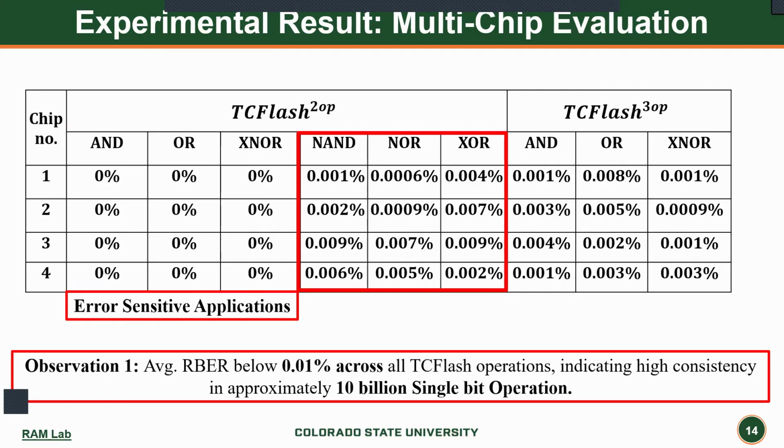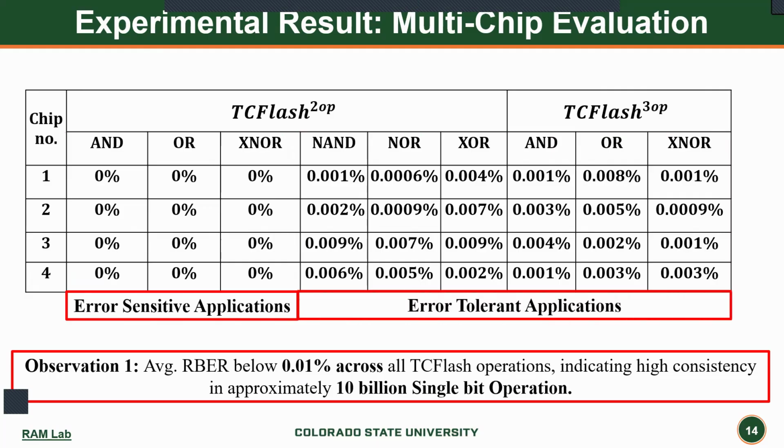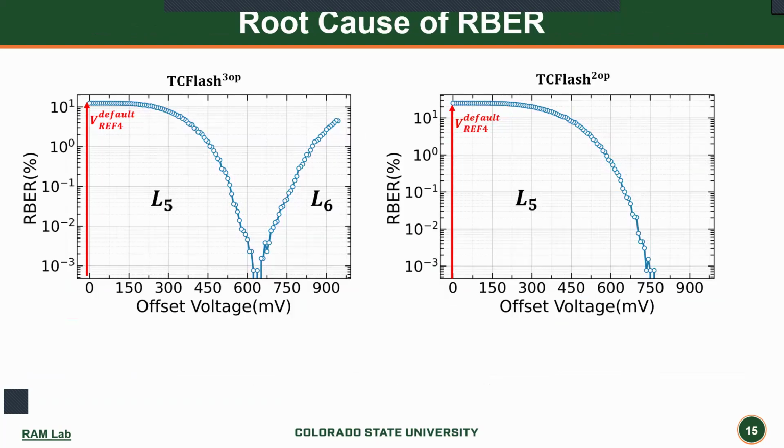But in the case of 2-operand NAND, NOR, and XOR, we are getting some errors because the L0 state is wider and that state is involved in this computation. And because of the low margin between the states, we are getting some errors for 3-operand AND, OR, and XOR operations. So these operations are well suited for error-tolerant applications.